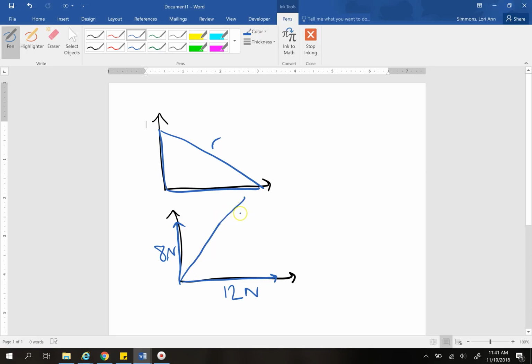Now if you wanted to find this, just like we did up here, we could connect this down. This would be length 8. And we can find our magnitude or our resultant from here. So this is just another visual way of figuring out what we did in the last lesson.